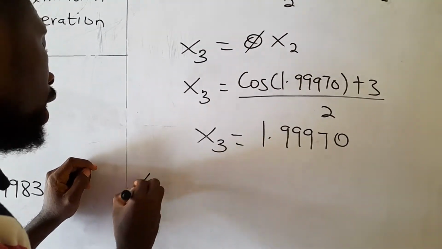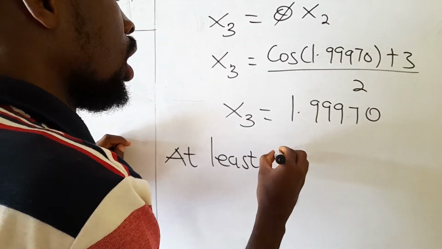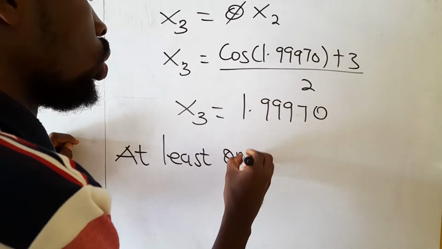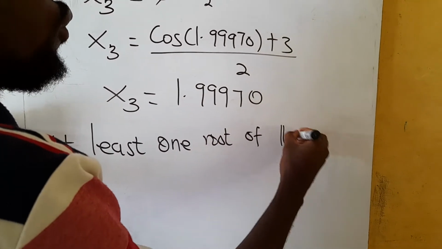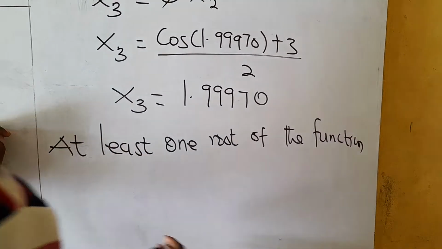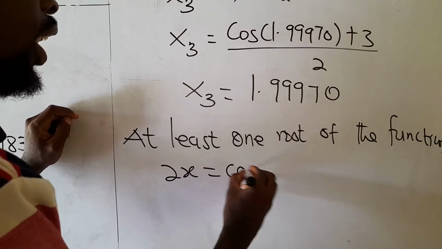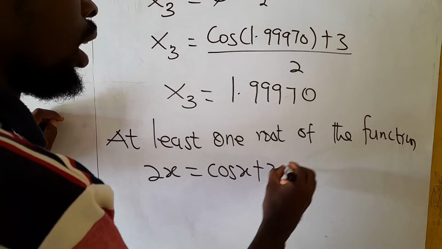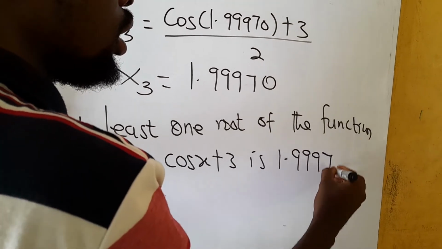Then we can conclude that at least one root of the function given to us, which is 2x equal to cos x plus 3, is 1.99970.